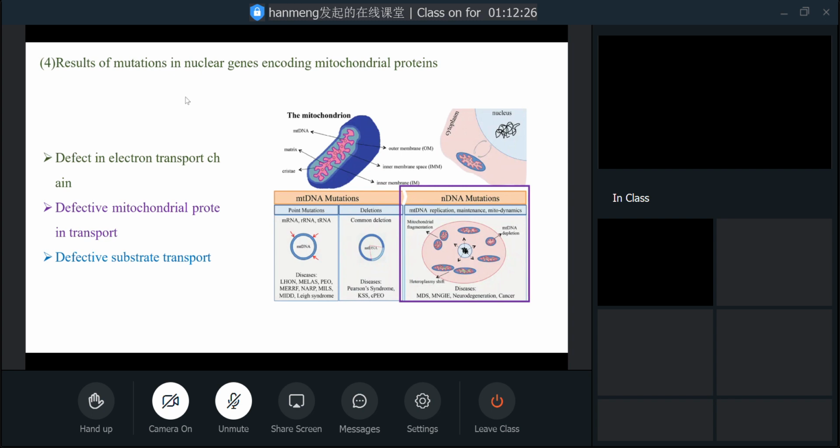What will happen? First, it will have a defect in the electron transport chain, and maybe a defective mitochondrial protein transport, maybe a defective substrate transport. All these three aspects will affect the function of the mitochondria.